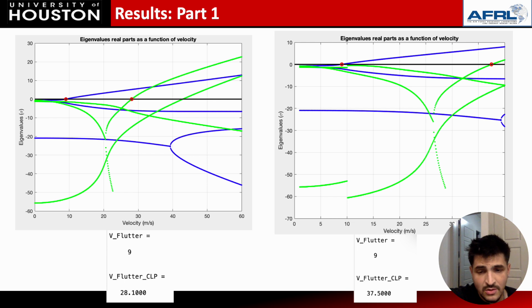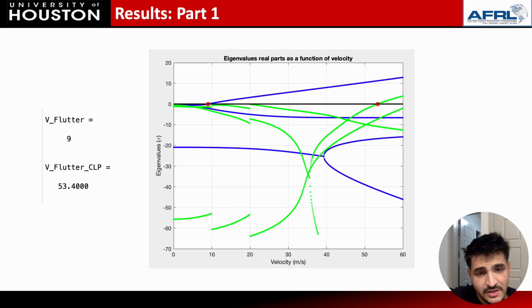And whenever you gain schedule it once, you can get a delay of a couple meters per second to 37.5, which is higher than just gain scheduling the system once versus having a static gain.